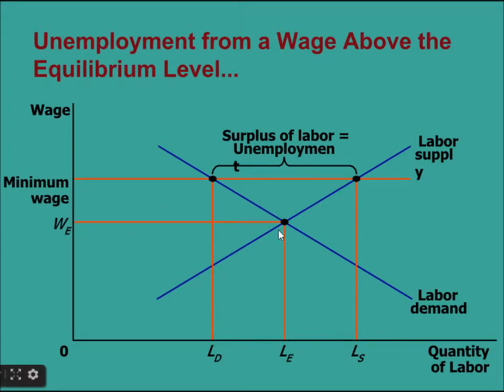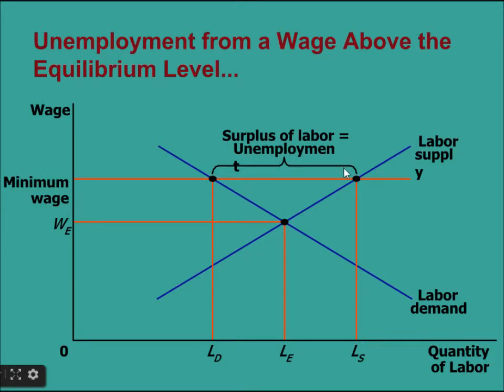So what is equilibrium? Equilibrium is when the demand for labor equals the supply of labor. So this is the equilibrium. WE denotes the equilibrium. This is the point where demand and supply match. If the government raises the minimum wage to this one, which is above the equilibrium level, we can see that the demand for labor decreases but the supply of labor increases.